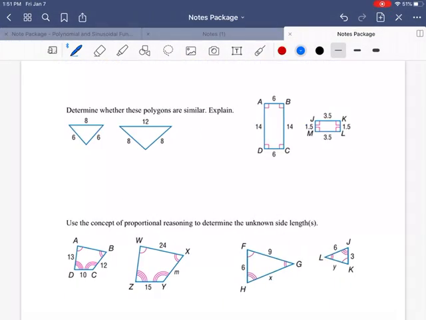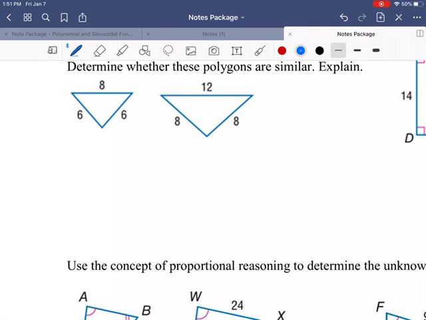All right, determine whether the polygons are similar. So if you want to figure out similar, you're going to compare corresponding sides. So in this case, 8 and 12 are similar sides, and 6 and 8 are similar sides. So you can compare. Let's start with 8 and divide it by its corresponding side, 12, and let's see if that equals 6 divided by 8.